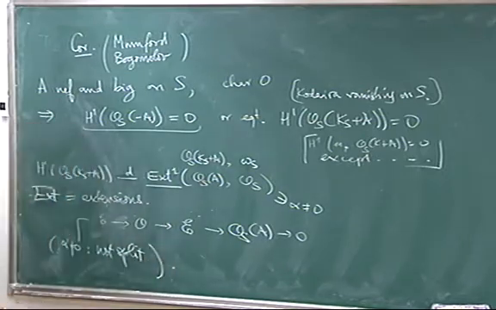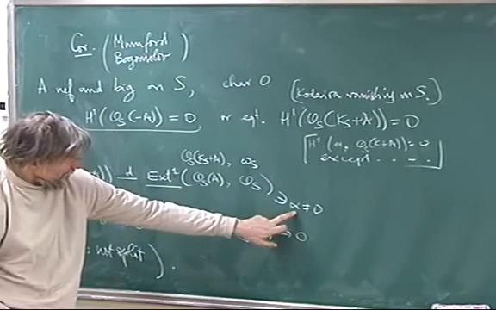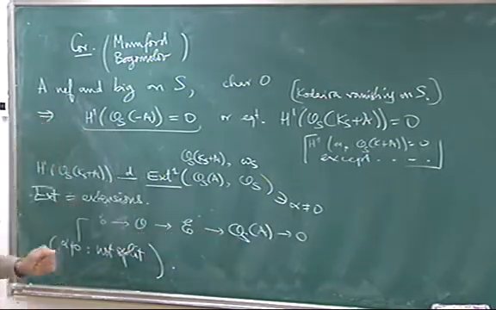So I'm really only using one element of this group. If this group is not 0, then it has some non-zero element, and I can write down a sequence like this.